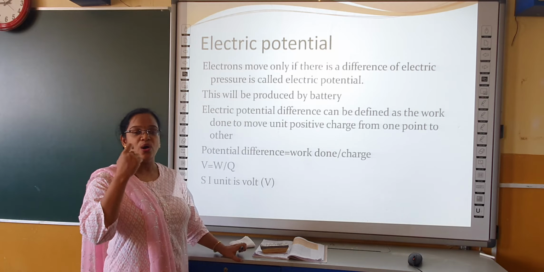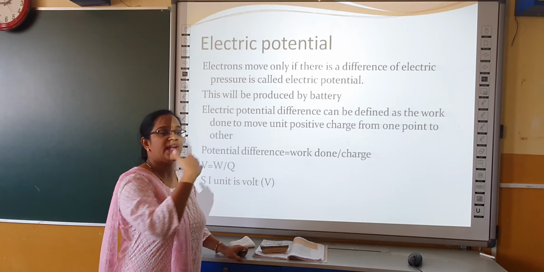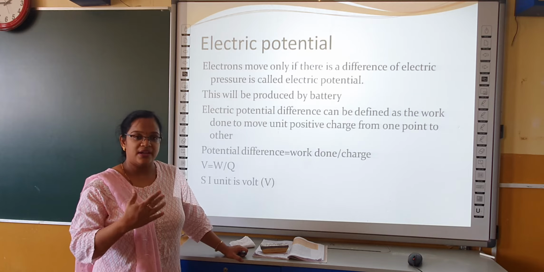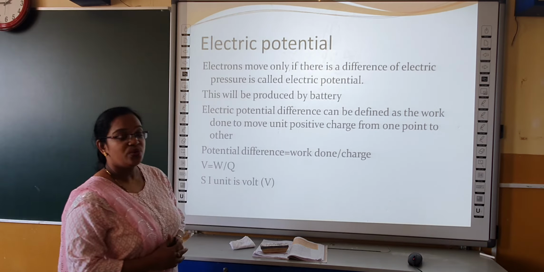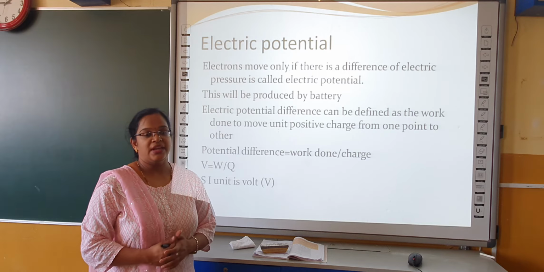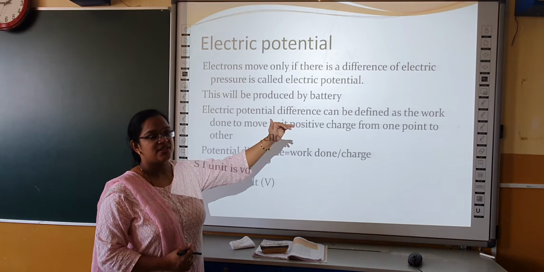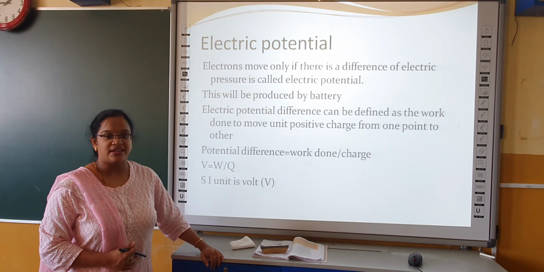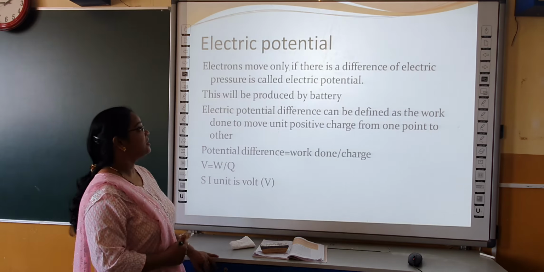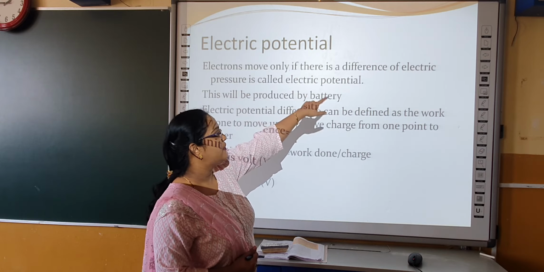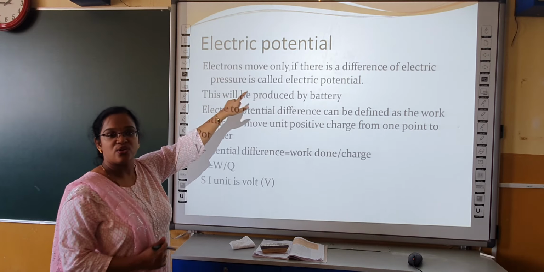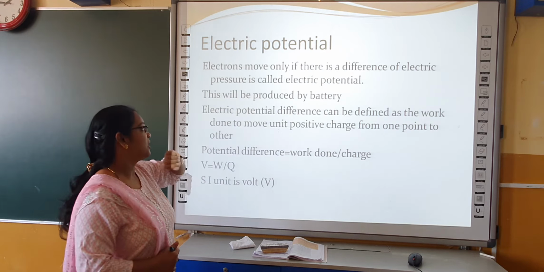Now, how will the electrons be moved from one end to another end of the conducting wire? They have to maintain a potential difference across the ends of the conductor. So, what does this potential difference mean? Electrons move easily when there is a difference in electric pressure, called electric potential. This electric potential is produced by the battery.